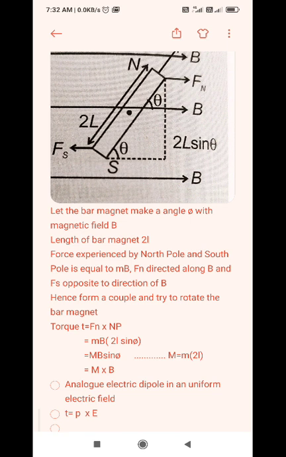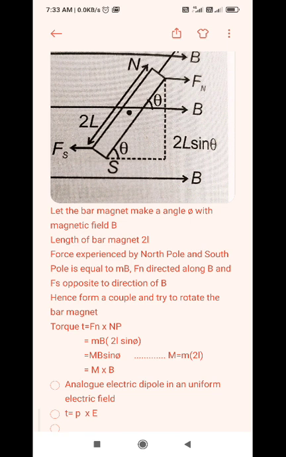Now the torque between these two is equal to either force into the perpendicular distance between the two forces. We draw a perpendicular from S and N.